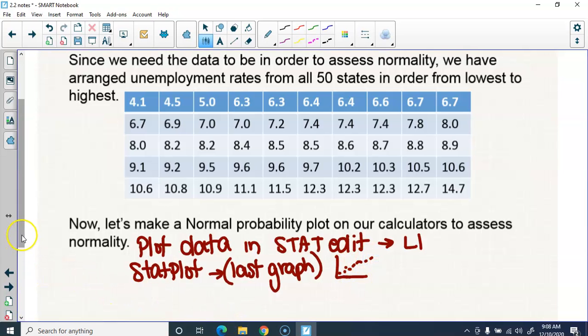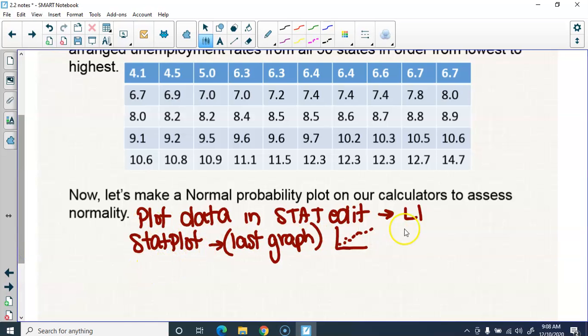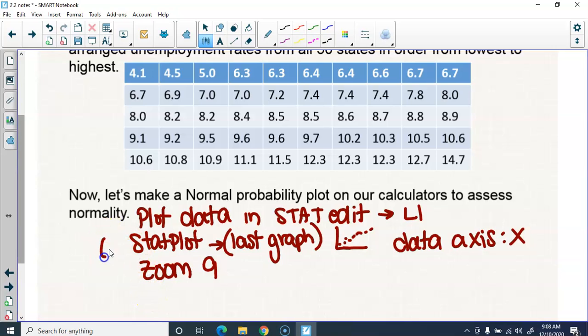When you choose your options, your data axis should be X. And then we hit zoom 9, which fits to our statistics. Make sure that our stat plot is on, by the way, in order to do this. And we look for linearity in the dots. I'm sorry I can't do more with that. I just don't have access to that right now.